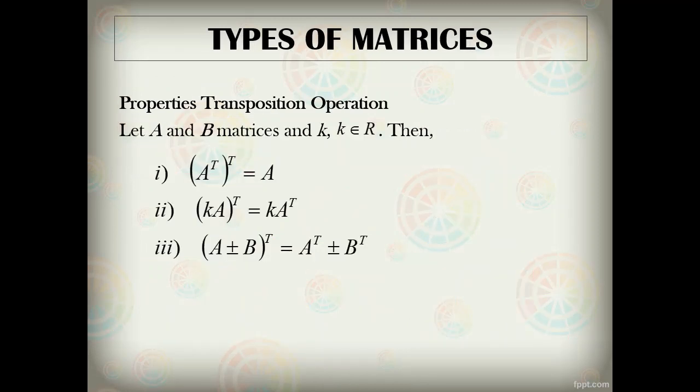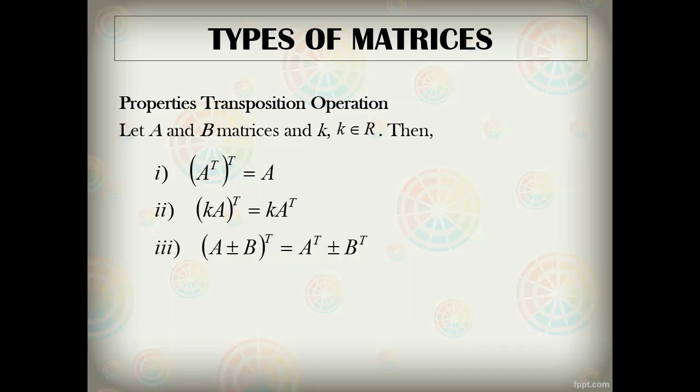Okay, let us look at the properties involving the transpose matrix. Let's say if you transpose the matrix and then you transpose once again, that will be equal to the original matrix. And if you have a scalar k multiplied to the matrix A, and then you transpose that matrix, that is equal to transposing the matrix first and then multiplying with the scalar later.